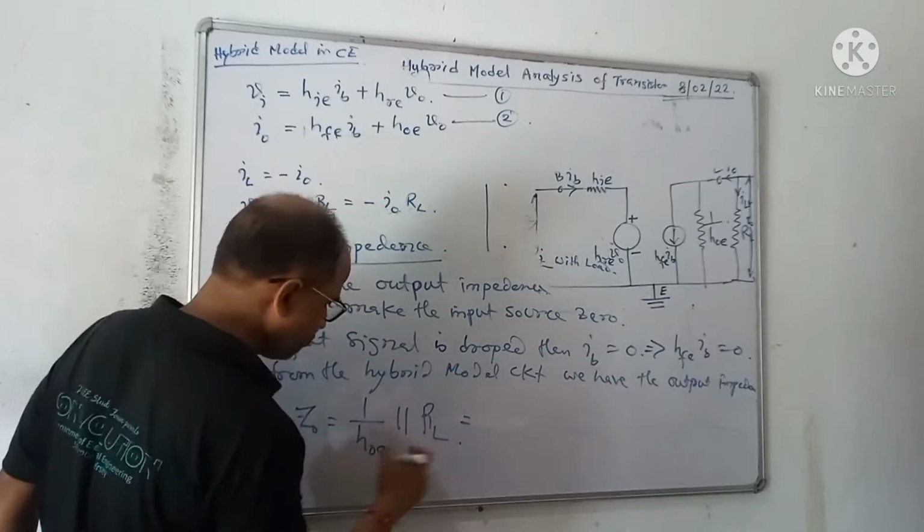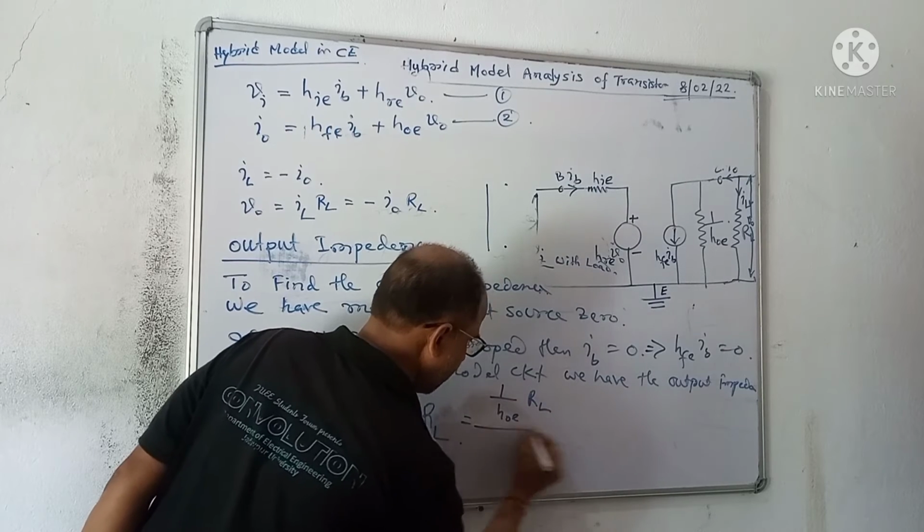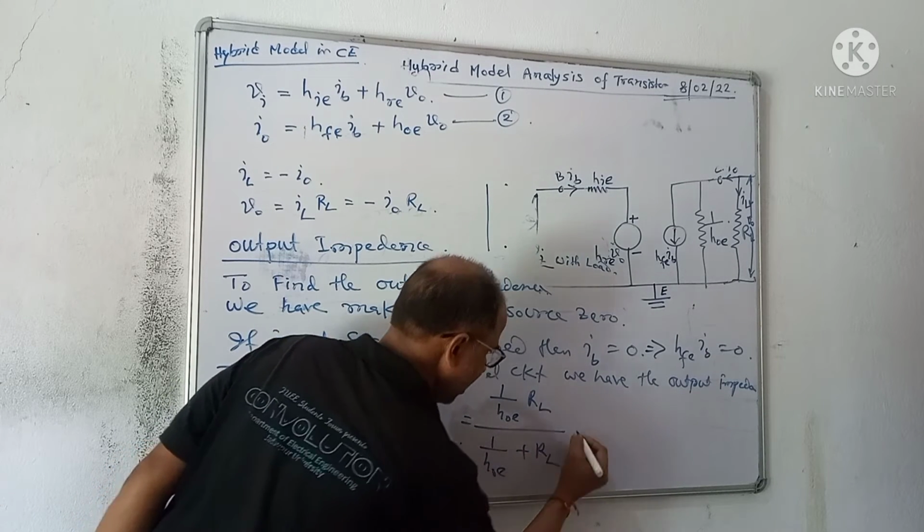This is equal to 1 by HOE into RL by 1 by HOE plus RL.